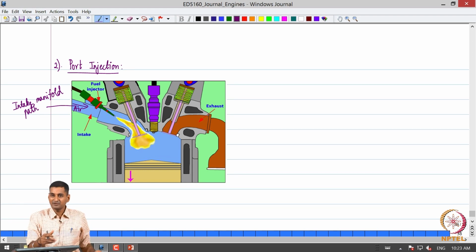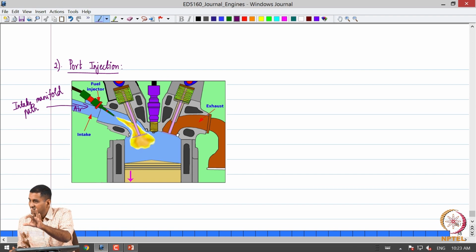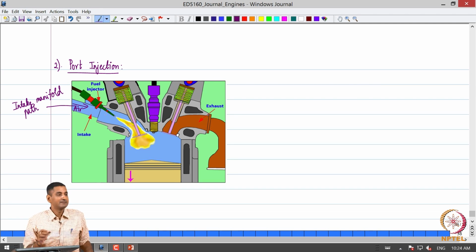The throttle will control the amount of air which will come into the intake system, and the fuel injector sprays fuel at the appropriate time instant into this intake area, just upstream of the intake valve, okay.